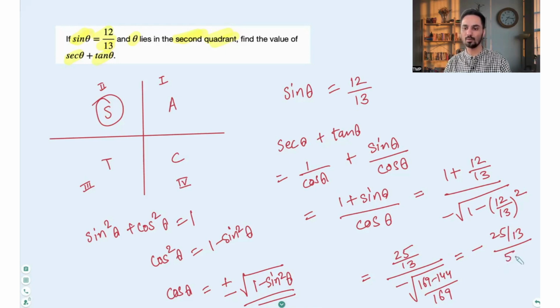So 5 over 13, and you can cancel out 13, you can cancel out 5 and 25. So we will get the answer as minus 5. So the value of sec theta plus tan theta is minus 5.